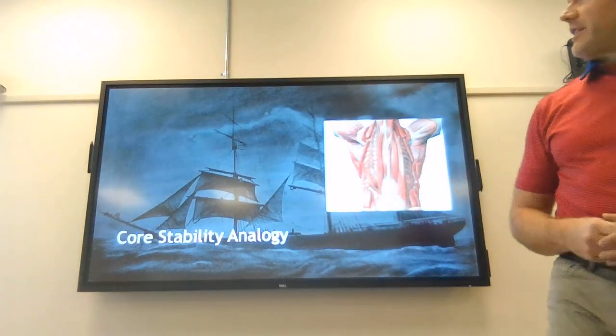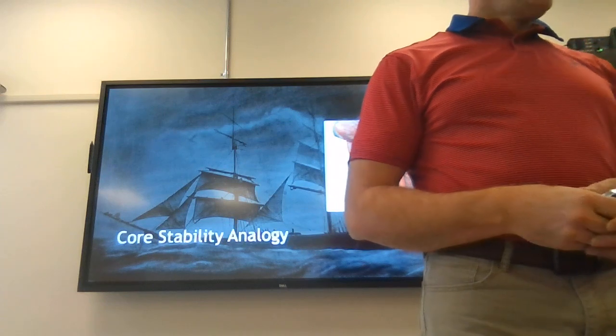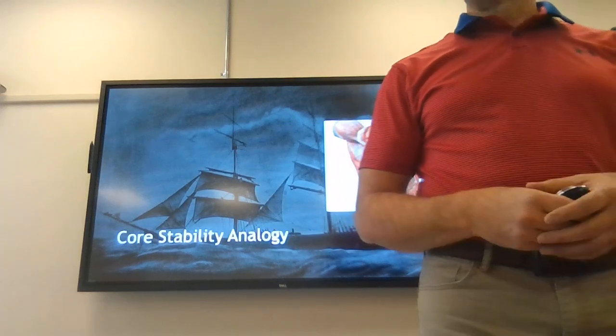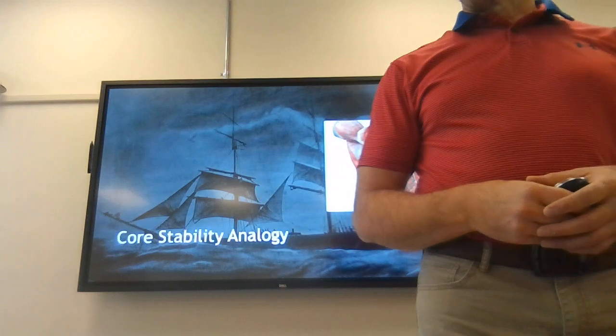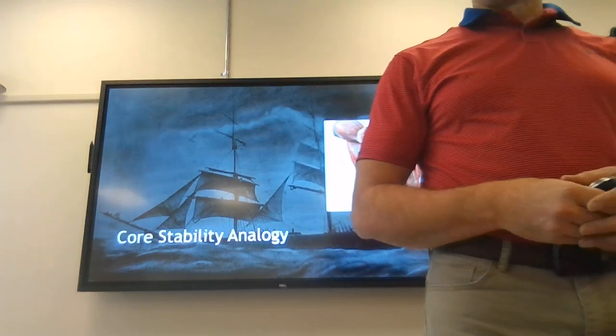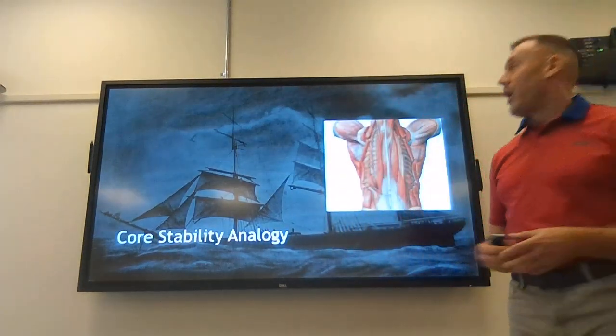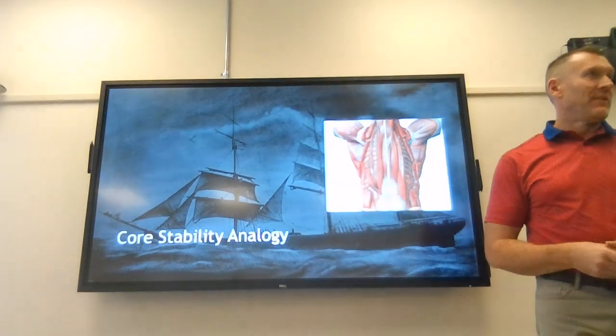Think about the mast of a ship out on the ocean in stormy seas, dealing with winds from different directions. Just like our bodies, we don't always deal with force from the same direction. So there's not necessarily one most important core muscle.